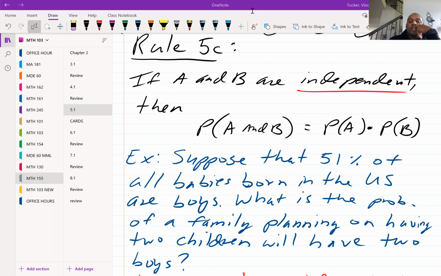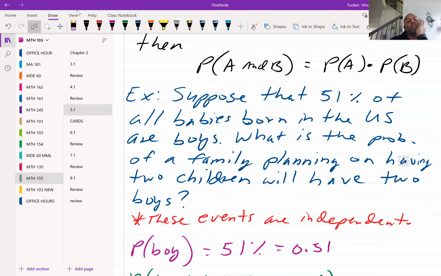All right. So these events are independent. Having a boy one time does not affect you having a boy the next, or a girl, or vice versa. So these are independent events.